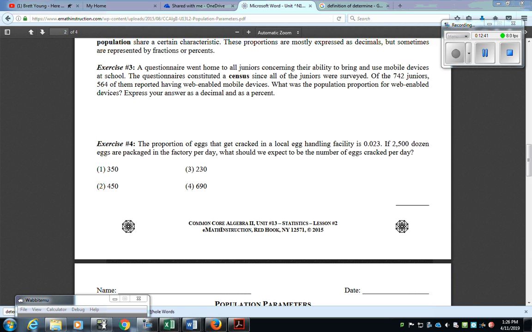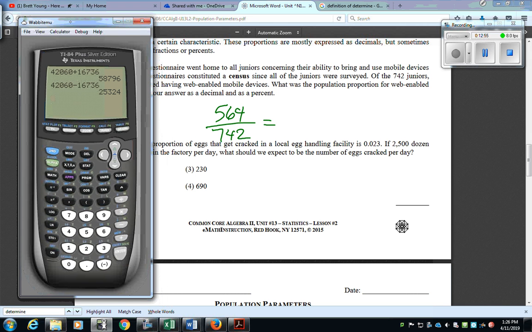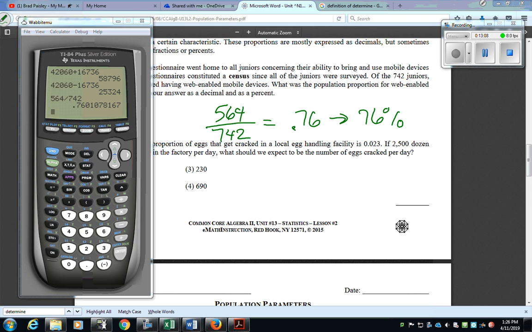So in this case, the population proportion would be that amount, 564, divided by 742. And our answer for that, 564 divided by 742, we end up with 76%, so 0.76, which would convert to 76%.